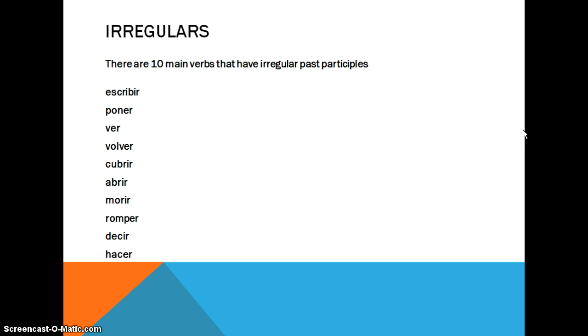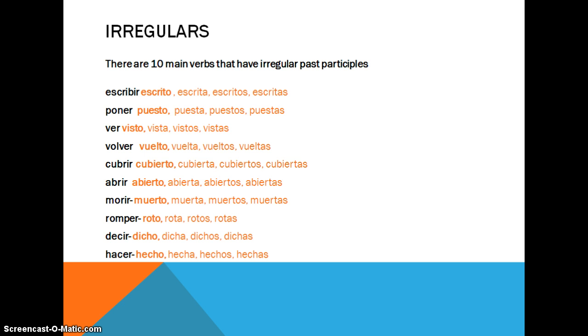There are 10 main verbs that have irregular past participles, and those are escribir, poner, ver, volver, cubrir, abrir, morir, romper, decir, and hacer. So escribir becomes escrito, poner becomes puesto, ver becomes visto, volver becomes vuelto, cubrir becomes cubierto, abrir becomes abierto, morir becomes muerto, romper becomes roto, decir becomes dicho, and hacer becomes hecho.